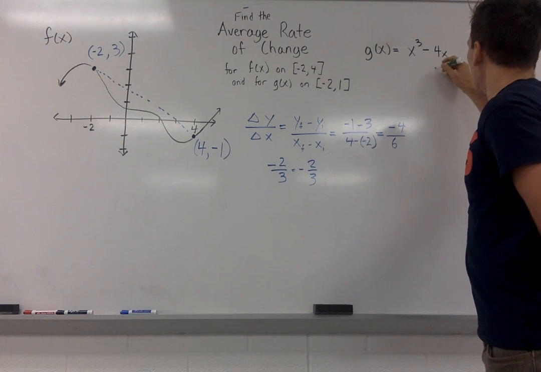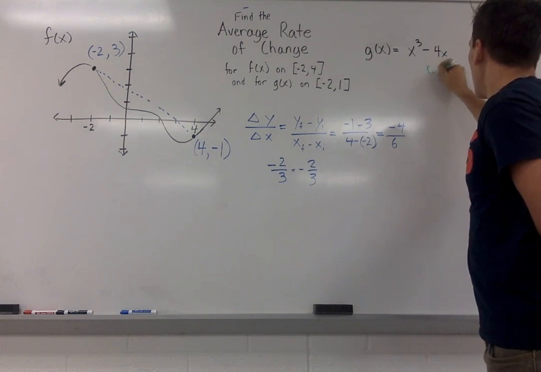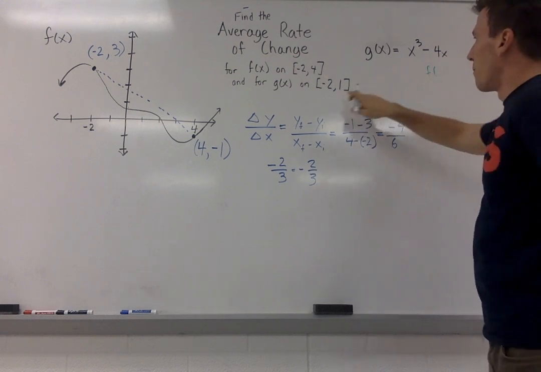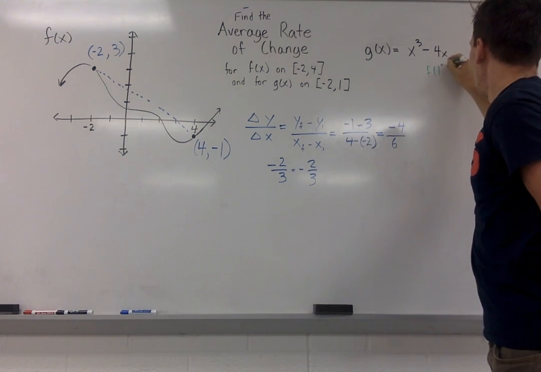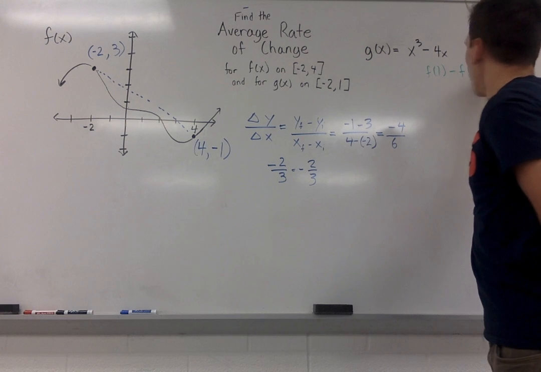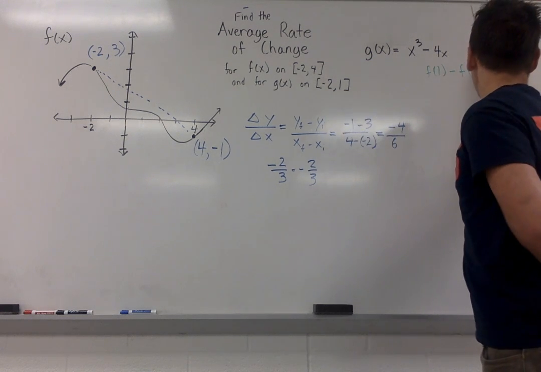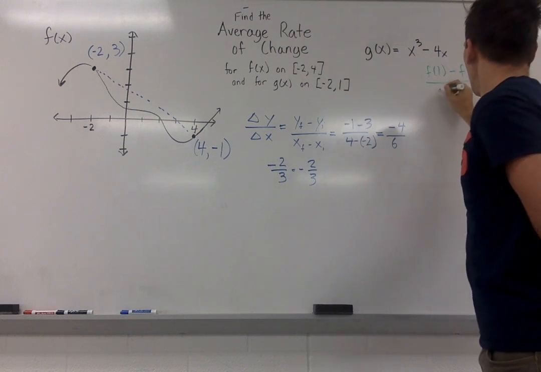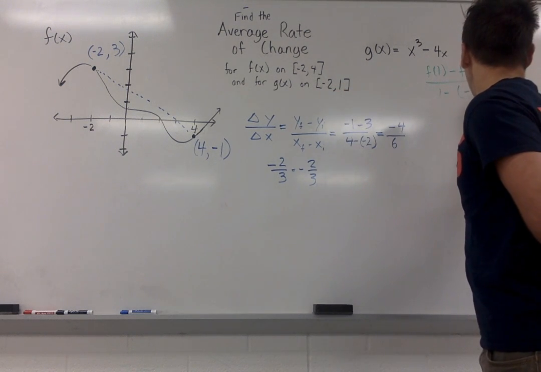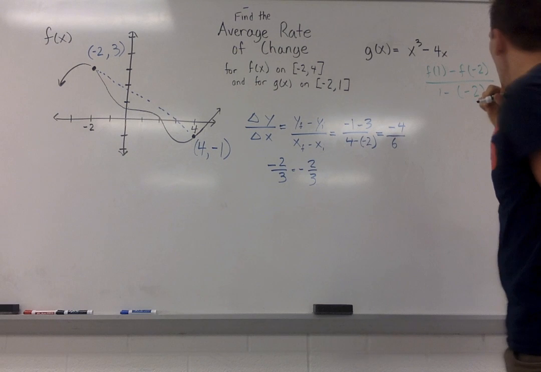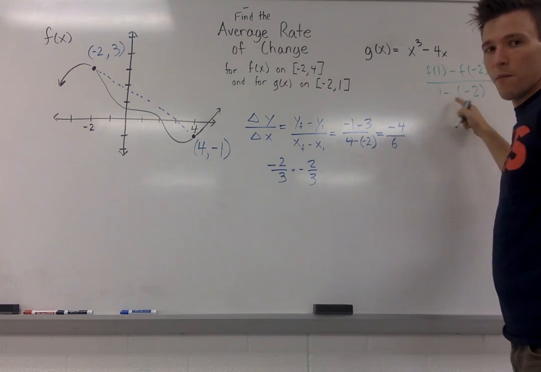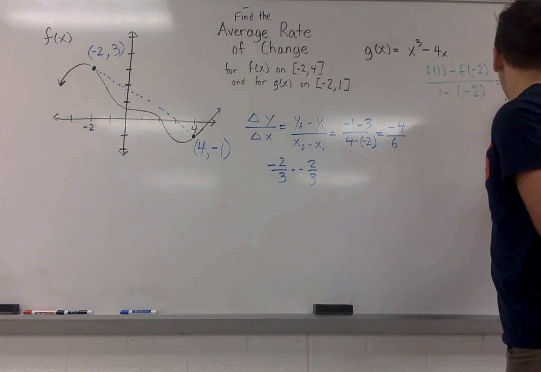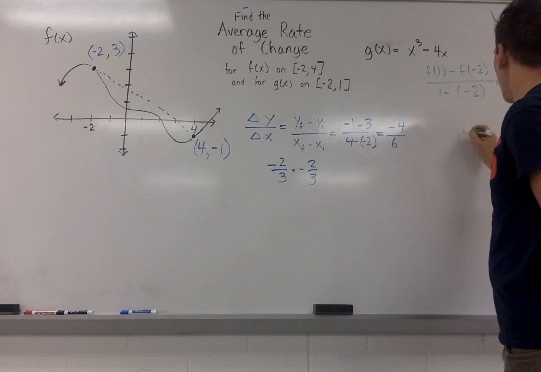And so the way that we can think about that is we can say this is going to be g of my final number, which is 1, minus g of my initial number, which is -2, all over final minus initial, 1 minus -2. This bottom part is going to be super easy. 1 minus -2 is just going to come out as +3.